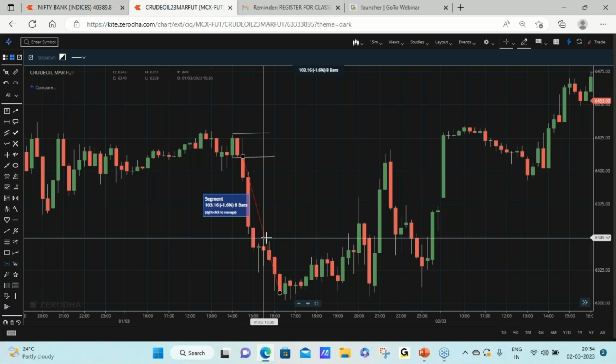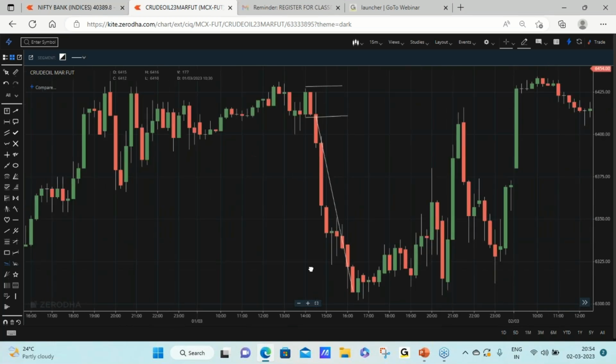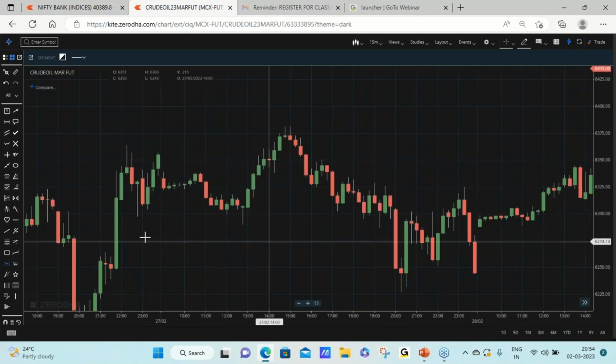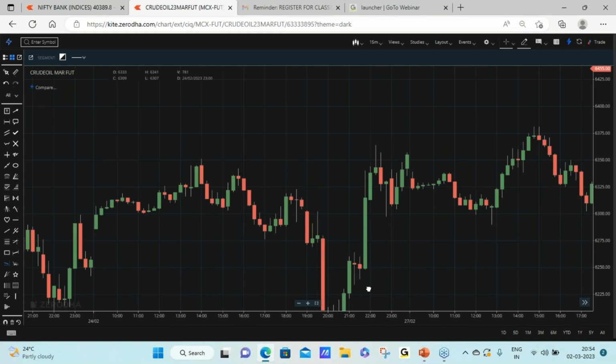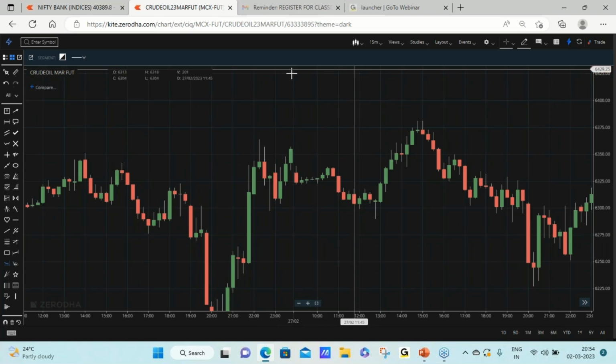So either the high or the low of the mother candle should breach for you to take a trade. Okay. So I want you guys to come up with a lot of examples. Whatever examples that you guys are trying to suggest to me, please do it in the group so that you will have an archive of examples, which will be very good for your future reference.